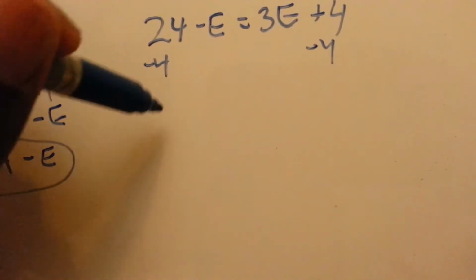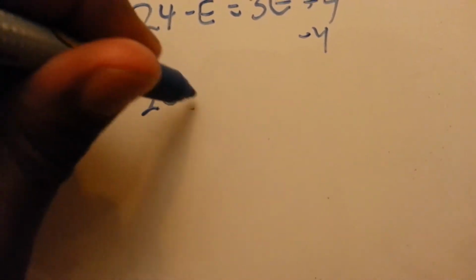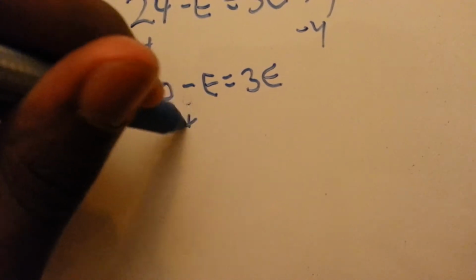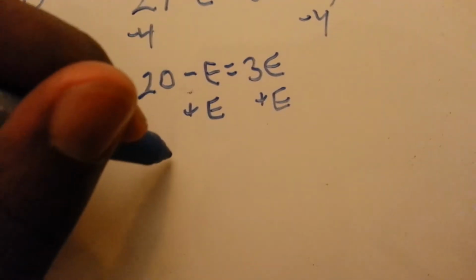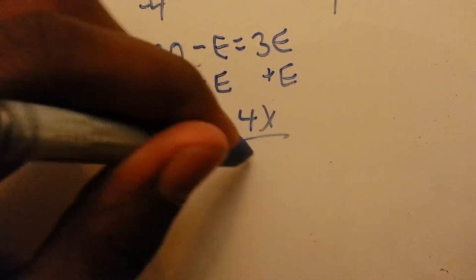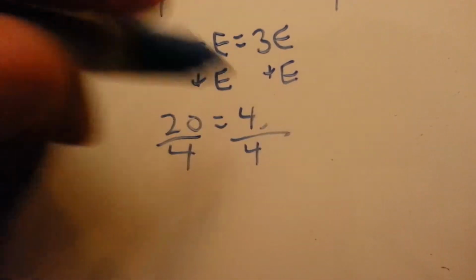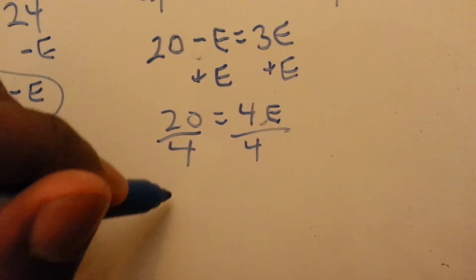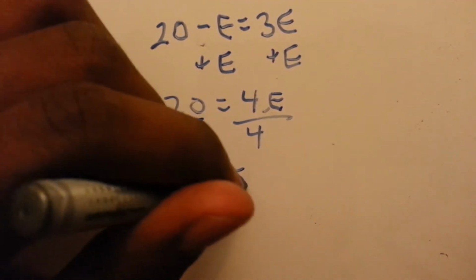So we do minus 4, minus 4. We have 20 minus e equals 3e. I'm going to add e to both sides to get all the e's on the same side. 20 equals 4e. Then divide by 4. 5 equals e.